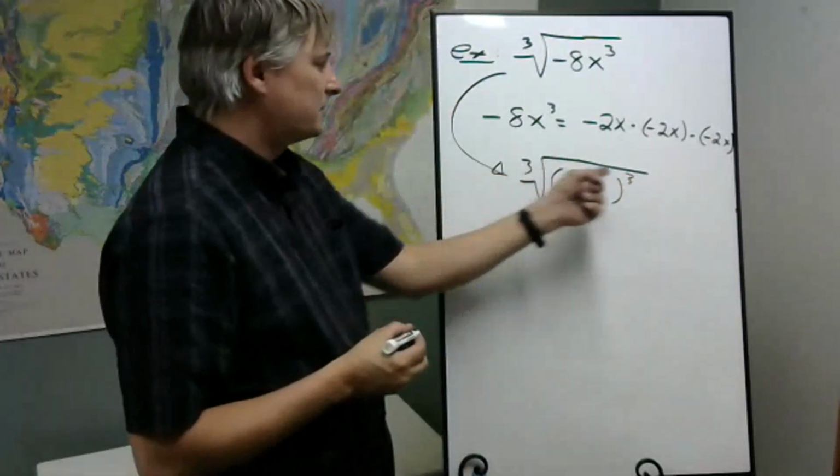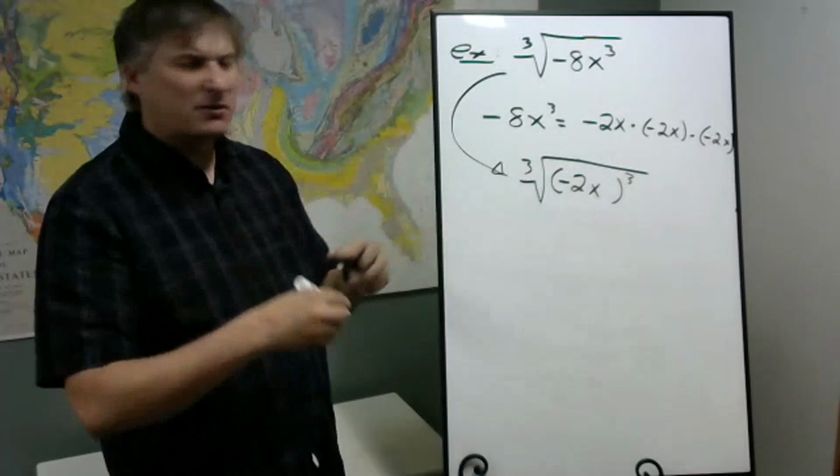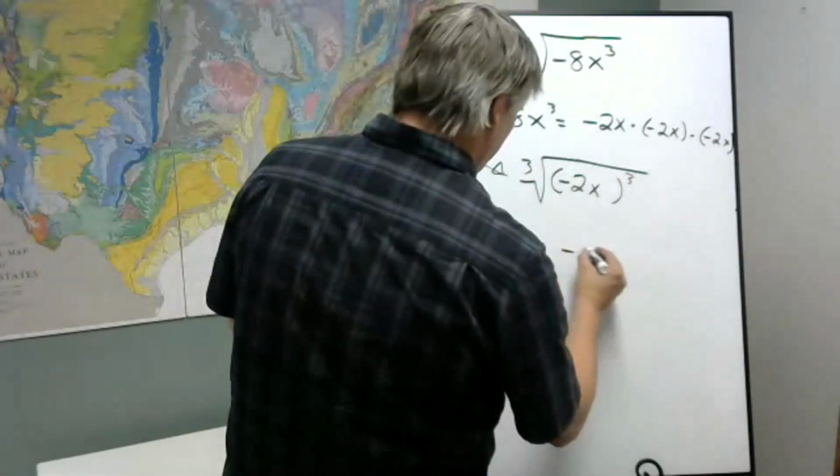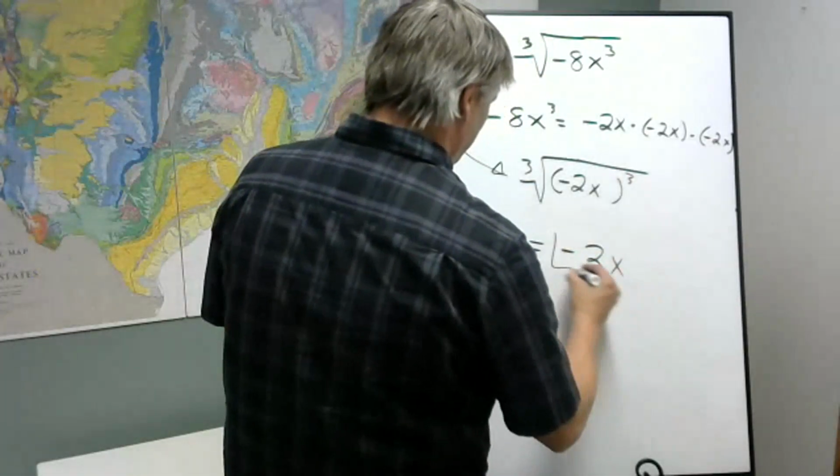And since this is an odd root, it's going to pass on through: -2x.